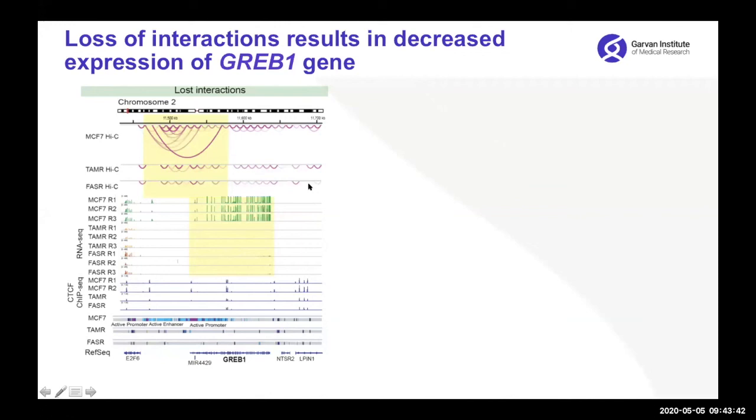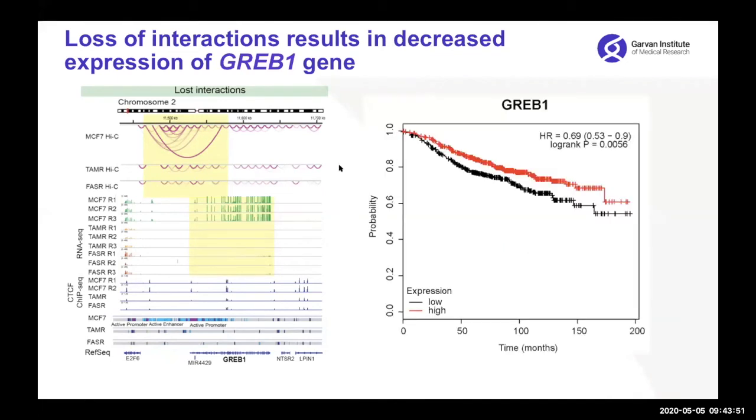And importantly, GREP1 gene is a very well-known predictor of endocrine resistance, and its loss is associated with worse patient survival in endocrine treated breast cancer patients.